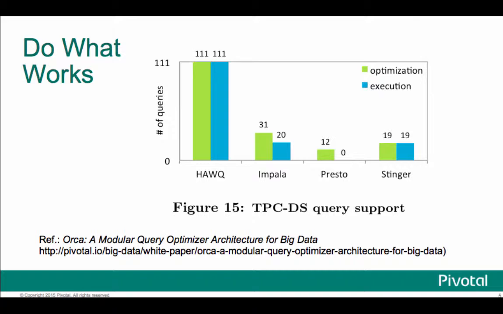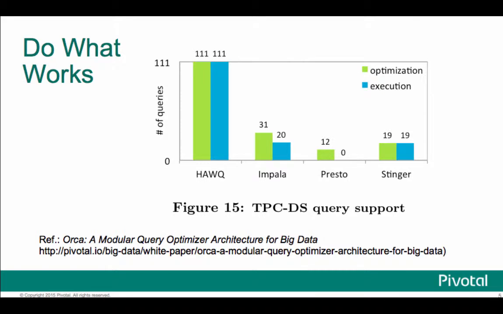As discussed in the paper, this benchmark was an excellent benchmark for testing a query optimizer, as it combines 25 tables, 429 columns, and 99 query templates for a total of 111 distinct queries.